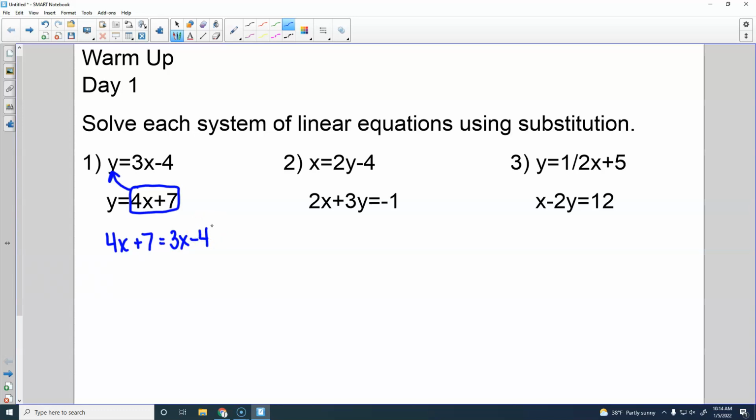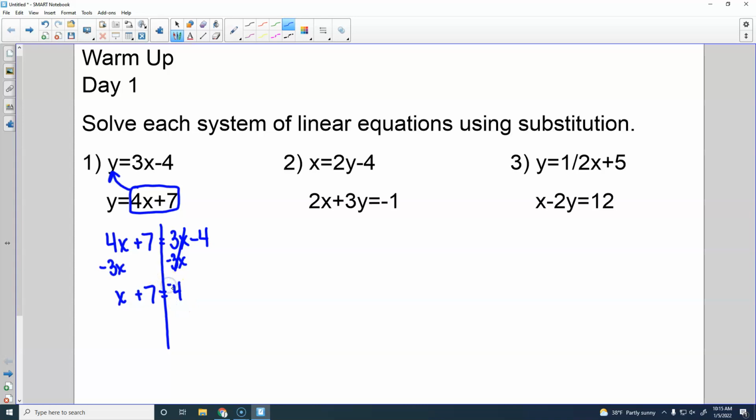Okay, and now we just have an equation that we're going to solve. So, Owen, tell me what to do to solve that. Kind of. They're on opposite sides, so what do I have to do to combine them? Minus 7 and minus 3x. Let's do the 3x first, and we'll do it one at a time. I like to move my x's first, but you can do them at the same time. Just be really careful if you do.